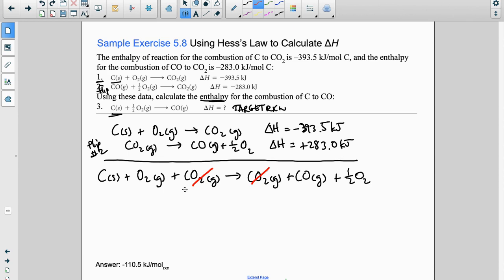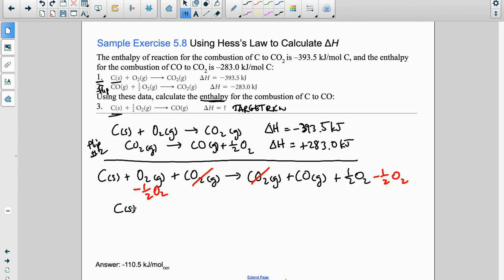And then I can also combine terms. I see O2 on both sides. So I want to get O2 on just one side. And so I can get rid of my half O2 over here by subtracting it off. You should always end up with positive numbers of things. And then we can just combine here.